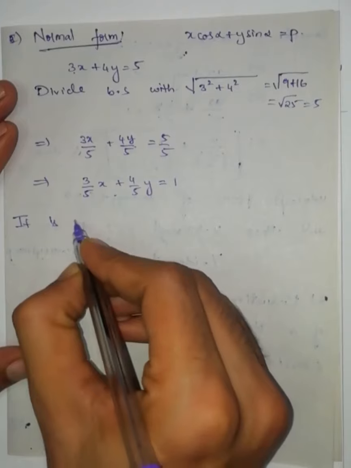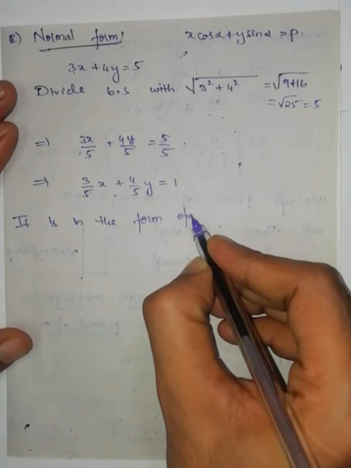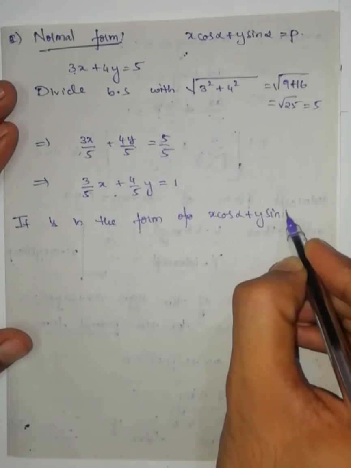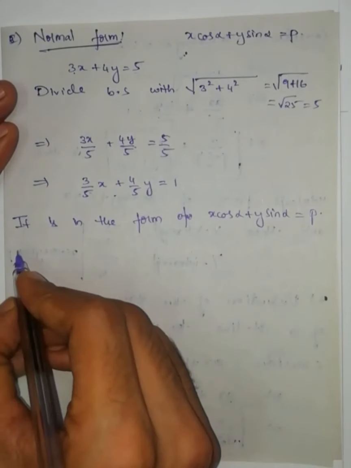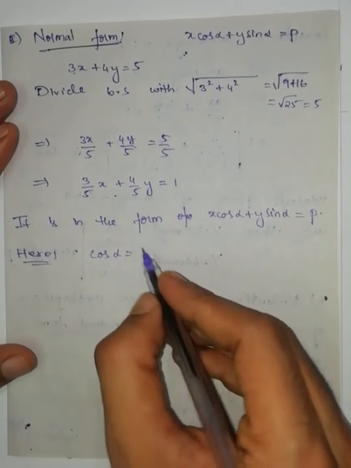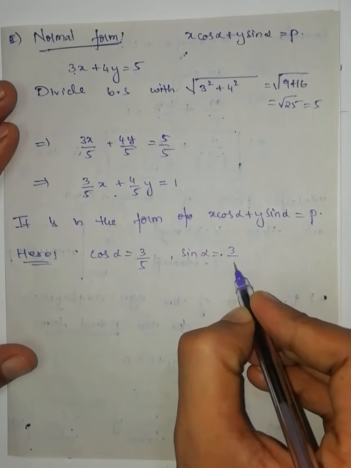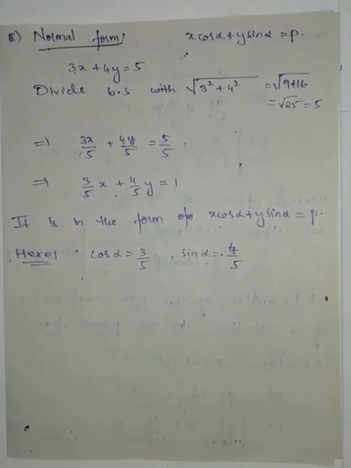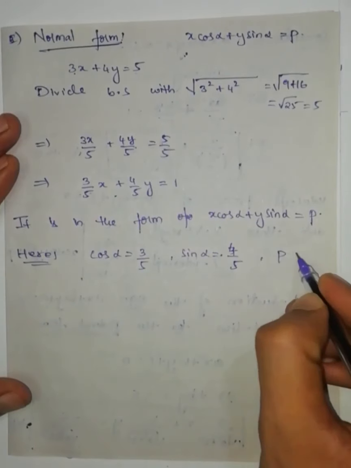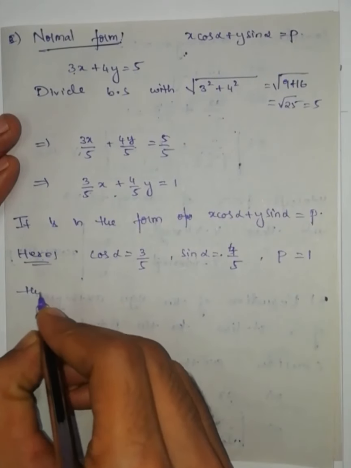Now compare this one and this one. It is in the form of x cos alpha plus y sin alpha is equal to p. Here, what is cos alpha? Compare: cos alpha is 3 by 5, sin alpha is 4 by 5, and p is equal to 1. Then what is tan alpha?